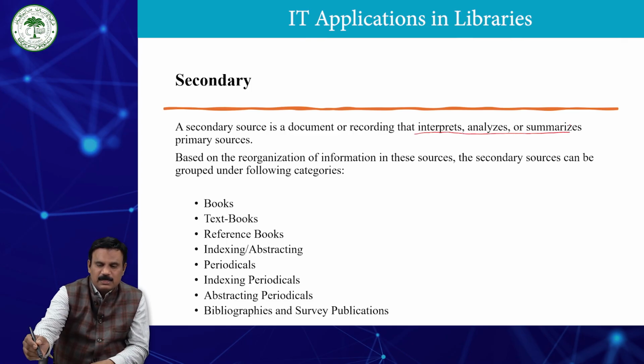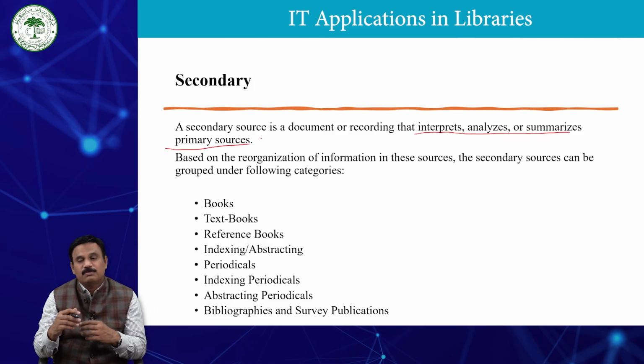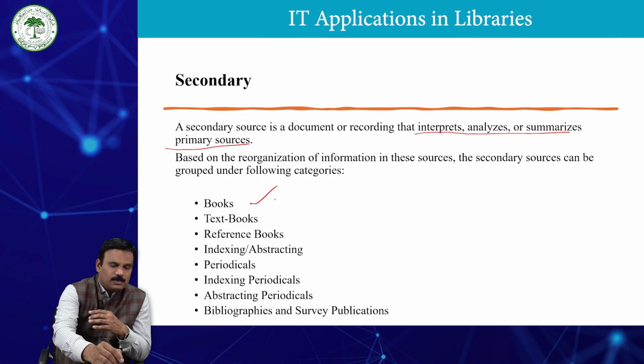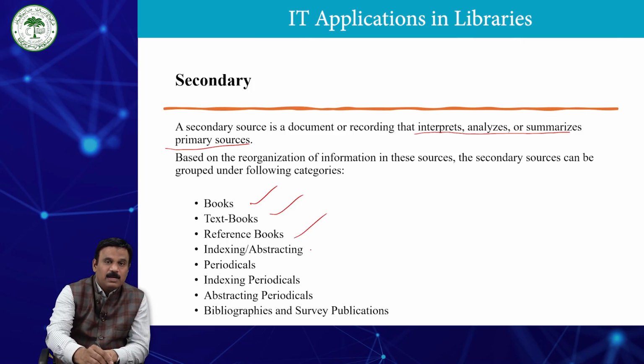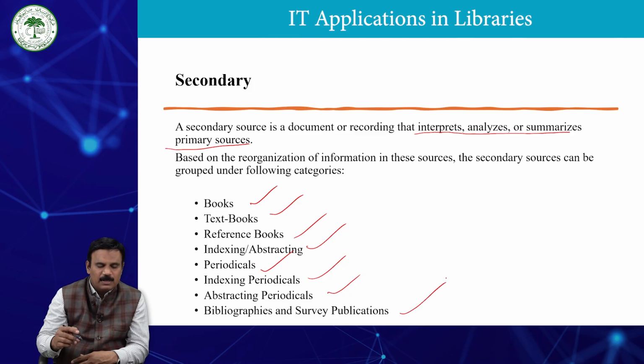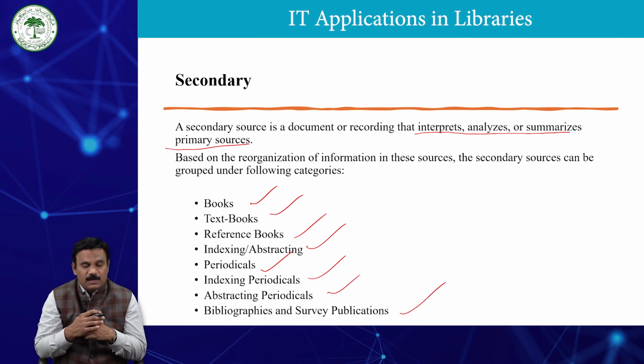Based on the reorganization of information in these sources, the secondary sources can be grouped under the following categories: textbooks, normal books, reference books, indexing and abstracting documents, periodicals, indexing periodicals, abstracting periodicals, bibliographic and survey publications. All these sources contain information about the primary sources.